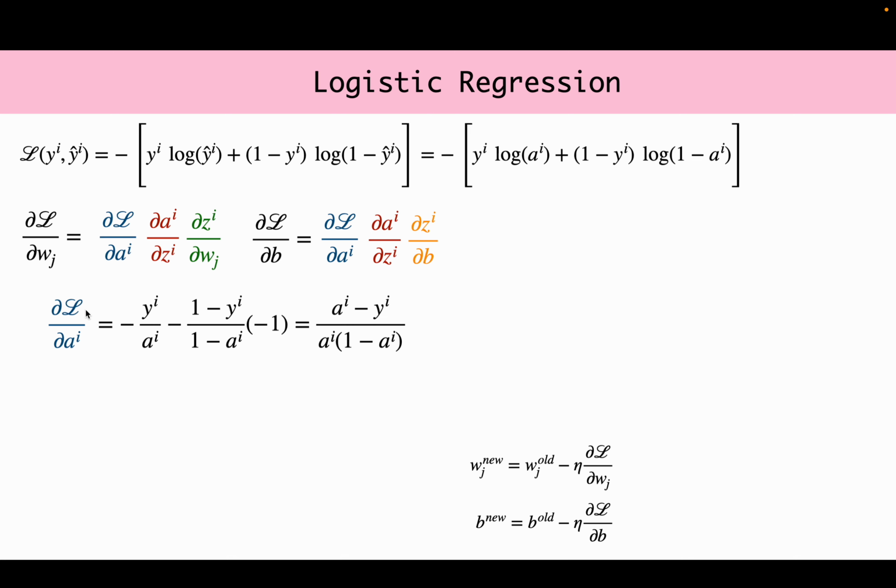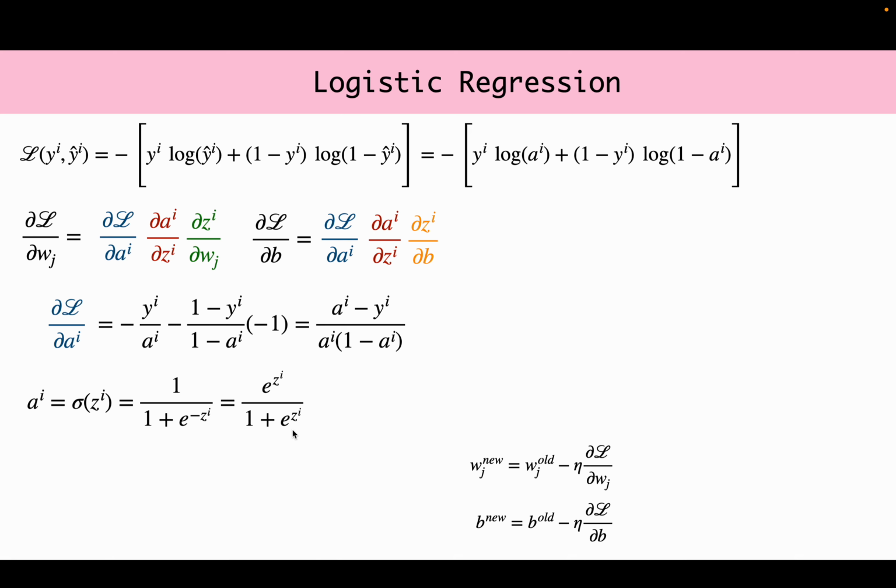So first let's compute dou L by dou ai. As we know, when you differentiate this whole function with respect to ai, we get yi divided by ai and 1 minus yi divided by 1 minus ai. Since we are differentiating with respect to ai, there is a negative term, so we'll get this minus 1. When you simplify it, this is the expression we get, and we know ai is obtained by passing this pre-activation through the activation function sigmoid.